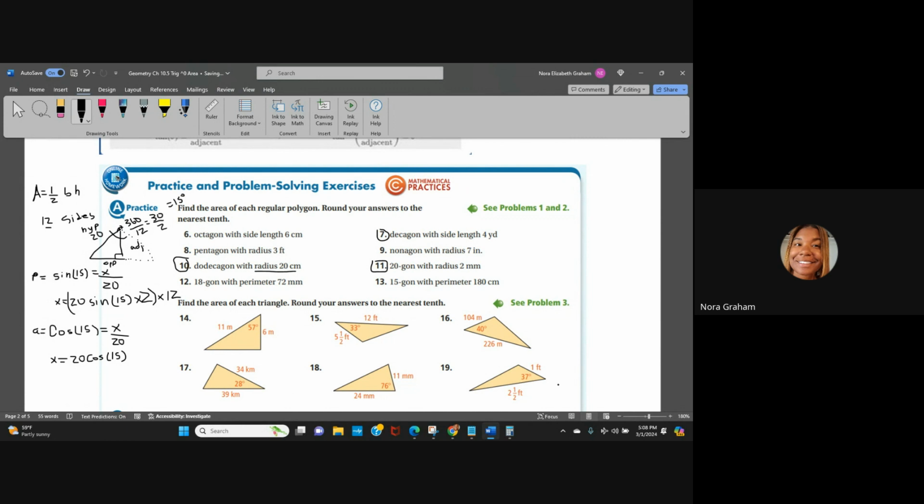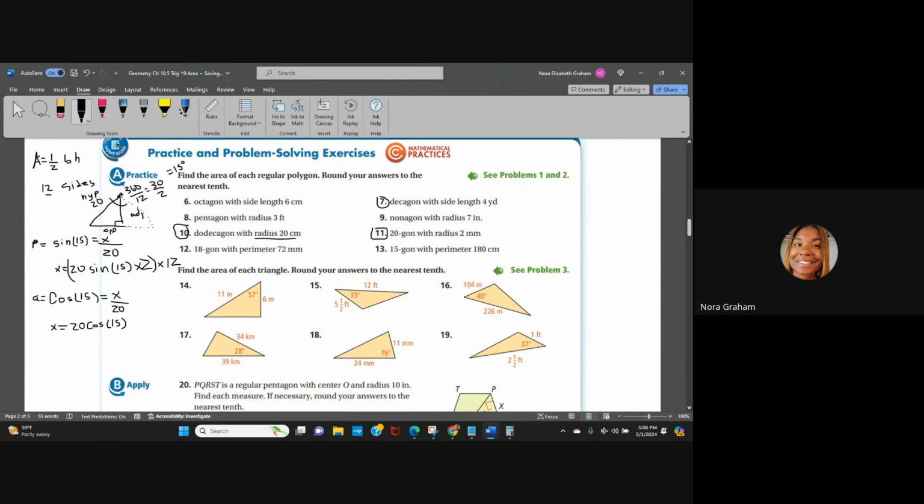Now that I have my perimeter and now that I have my apothem, I can go ahead and plug it into my main formula to find my area. Like I said, if you are on a test, before you start chugging away in your calculator, I would write down everything you have and then plug it in your calculator. So if you do make a calculator error, your teacher already knows that it was a calculator error and not a mathematical error.